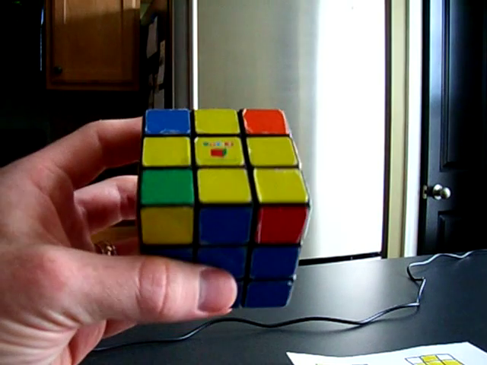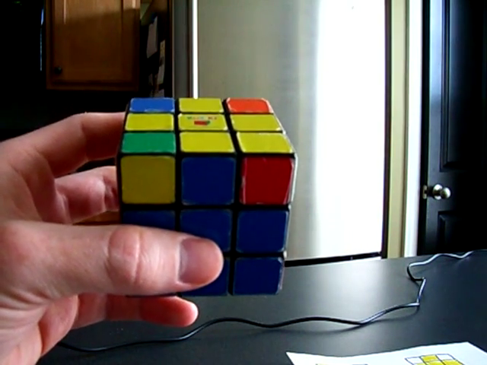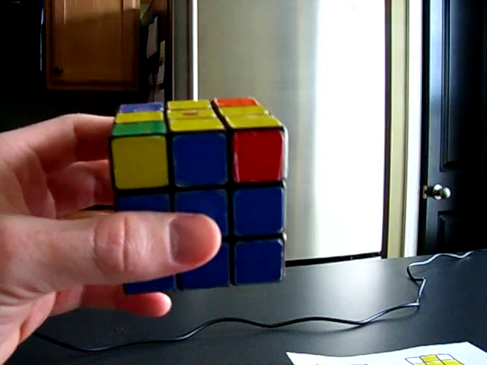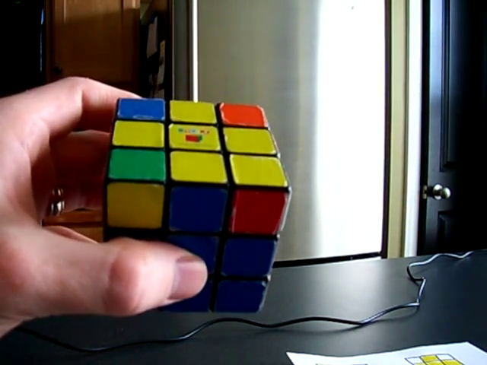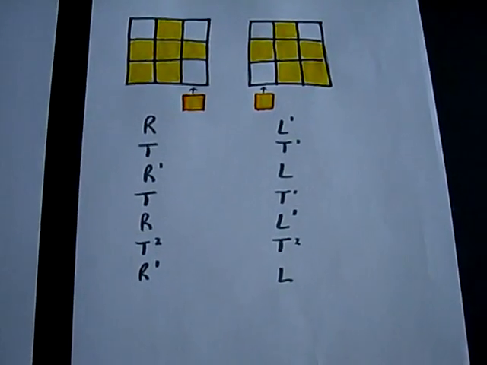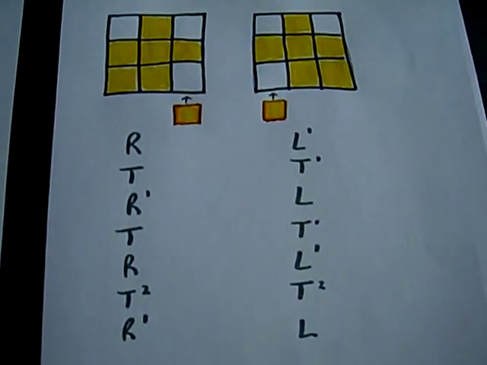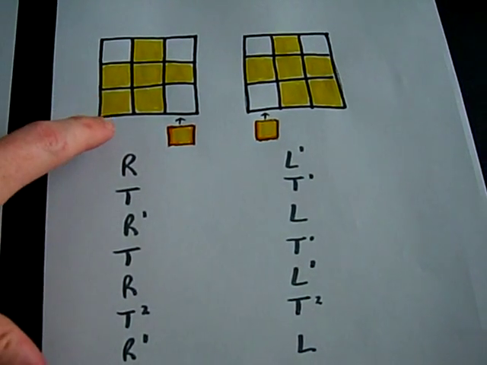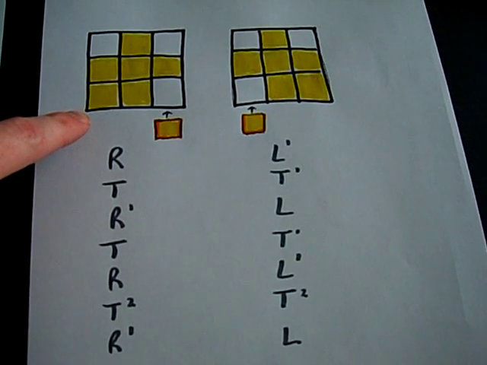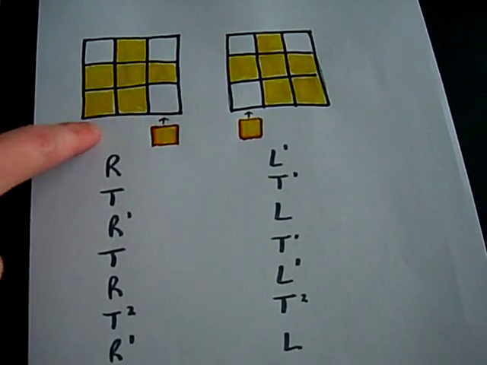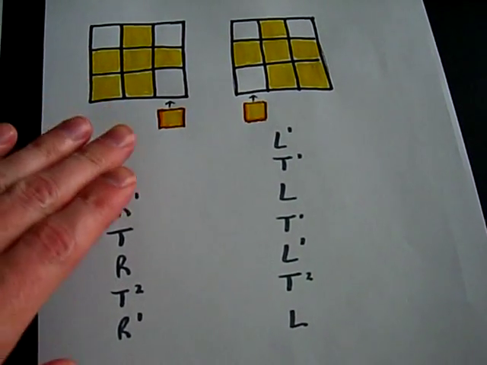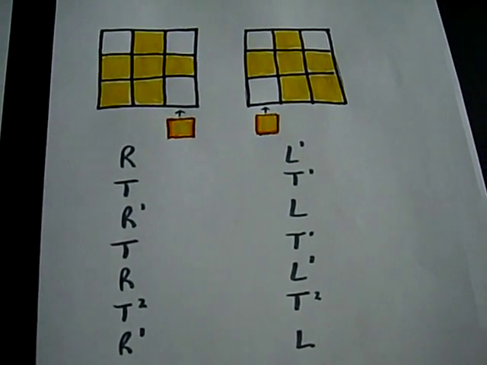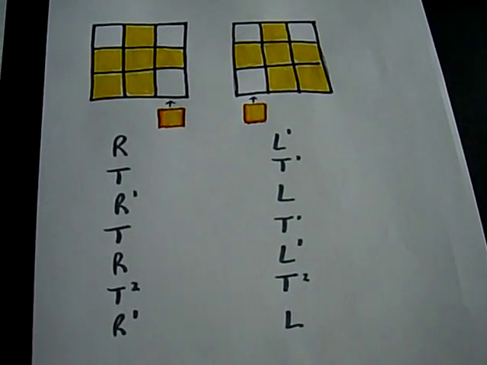So again, when I show you these, you may want to pause the video, write them down yourself so that you have them again, because you're going to have to just practice them over and over. So this is examples that I was talking about. You have the fish pointing down to the left corner, and you're going to want to make sure that on the face, I didn't draw this in 3 dimensions, so on the face you're going to want to make sure that there's a yellow square right there.